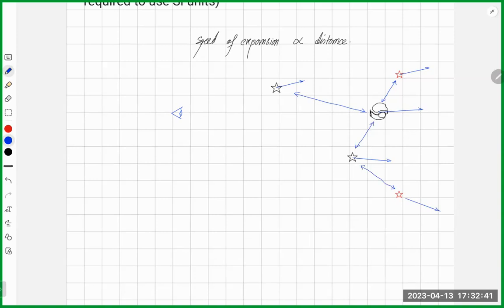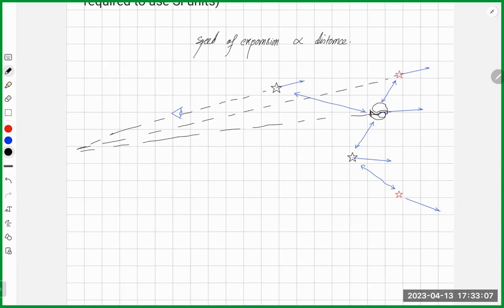But there is one more thing. If we can actually observe the path at which any luminous object is moving, we can backtrack it and find out where they are coming from.